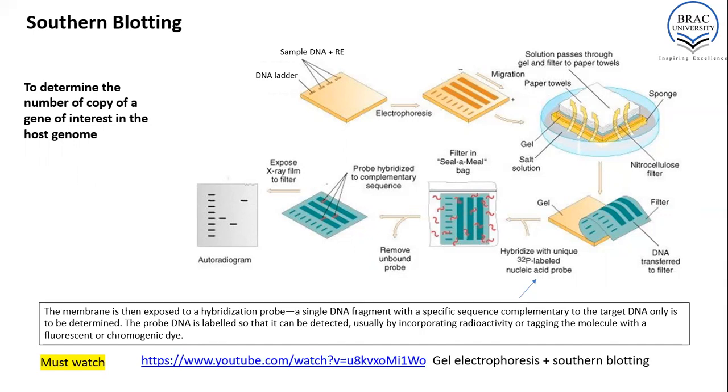So you want to transform that specific plasmid with a specific DNA sequence into the yeast. In this case, you want one copy of that gene to be integrated into the yeast genome, rather than multiple copies.